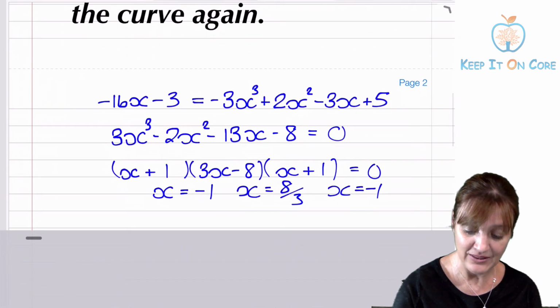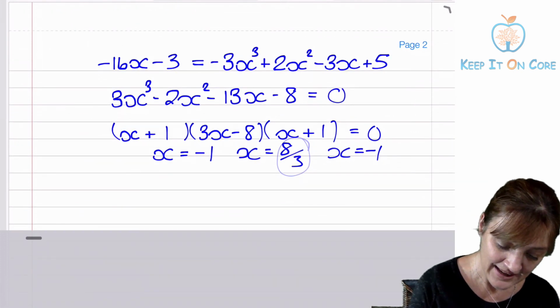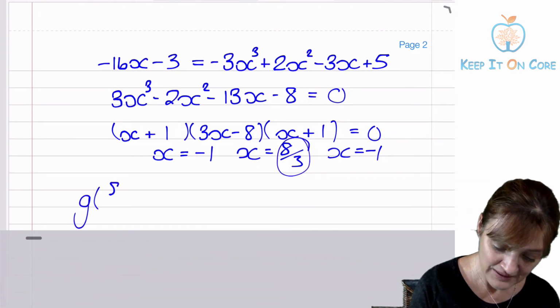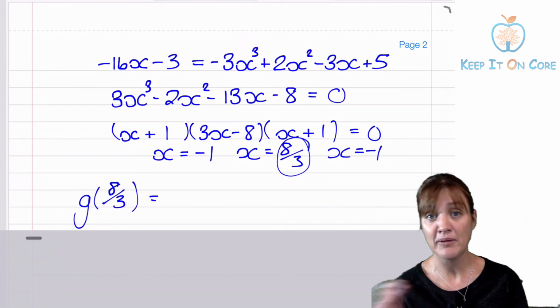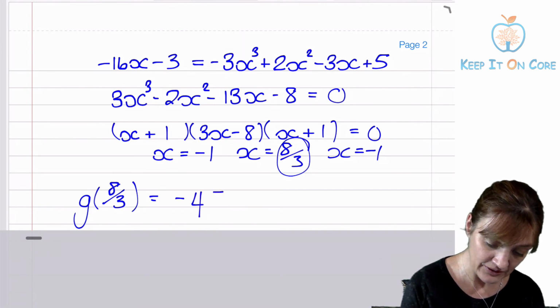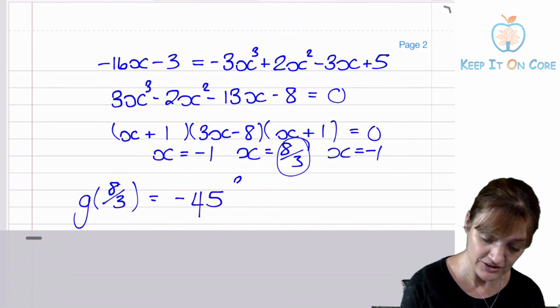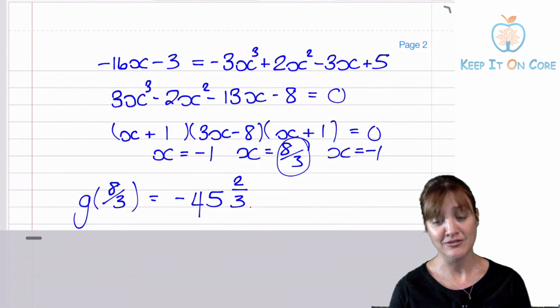So obviously 8 over 3 is the other x coordinate. Once we know that, we need to substitute the x value back into either the cubic or the tangent equation, either one, to get the y value, which gives us negative 45 and 2/3. And that is the other point of intersection of the two graphs.